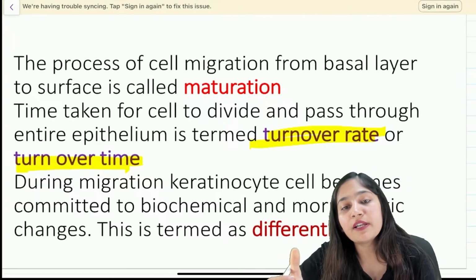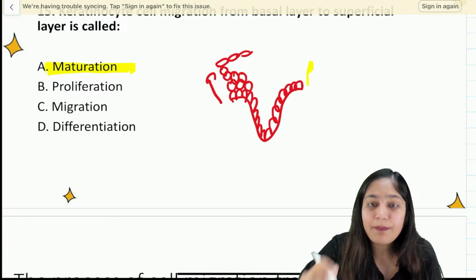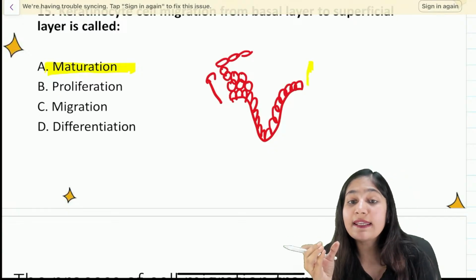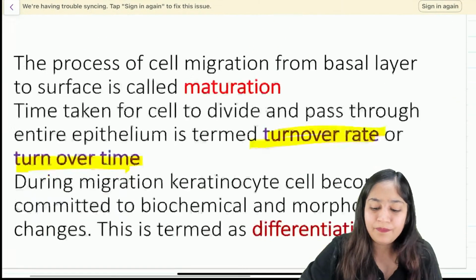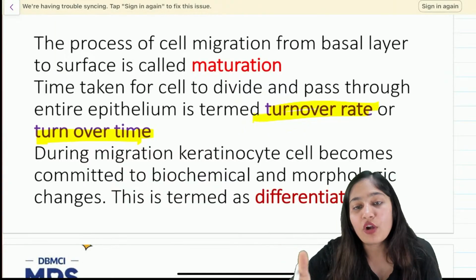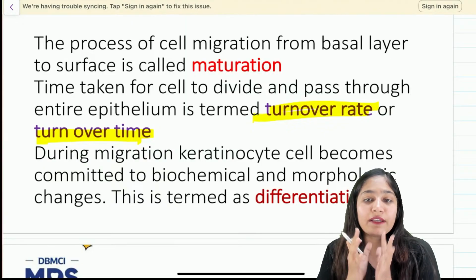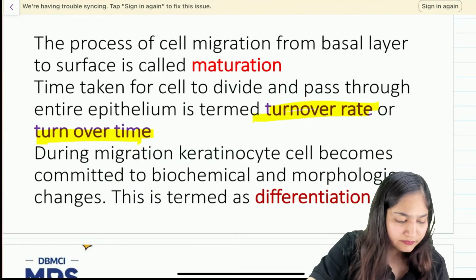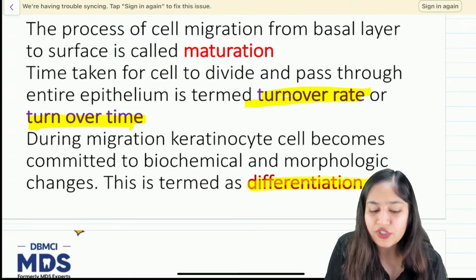Now what is differentiation? During this migration, the cell passes through every layer. In each layer, it becomes determined and committed to biochemical and morphological changes. The shape of the cell will change, as well as its metabolic activity. So it is known as differentiation.